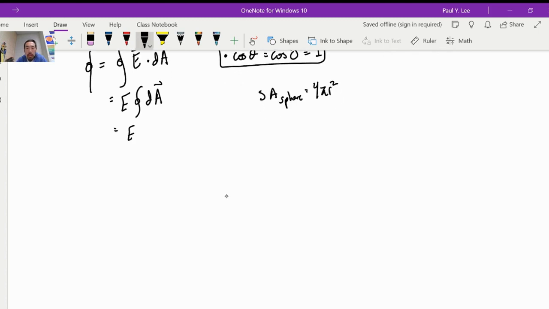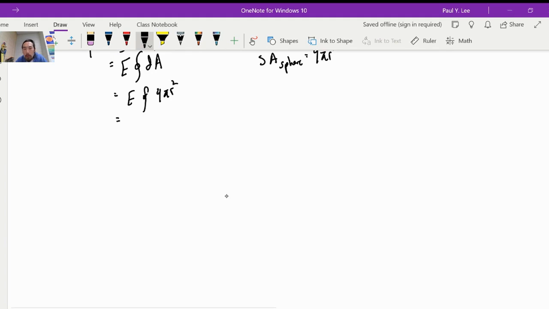We can say E closed integral 4 pi r squared, and we can even expand this a little bit more. I'm going to replace that E with our formula from before, 1 over 4 pi epsilon naught, so that's K, Q over r squared, closed surface integral 4 pi r squared.